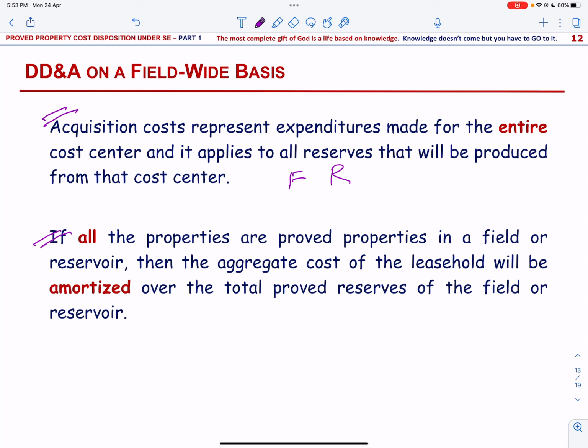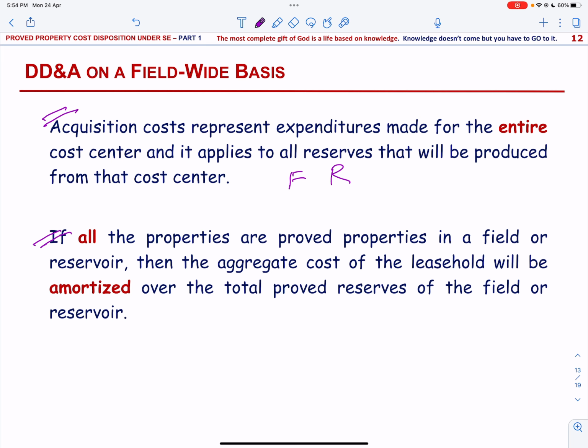Leasehold cost will not be amortized for the properties that are unproved in the field or reservoir. The total capitalized cost for wells and related equipment and facilities will also be aggregated and amortized over the total proved developed reserves of the field or reservoir.